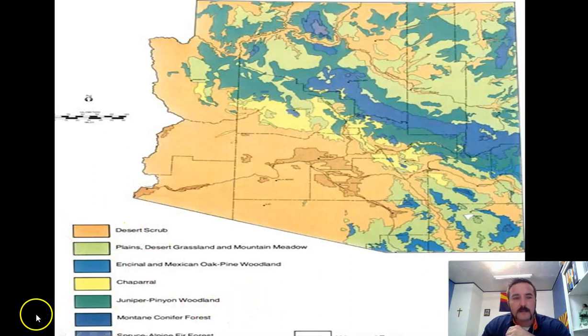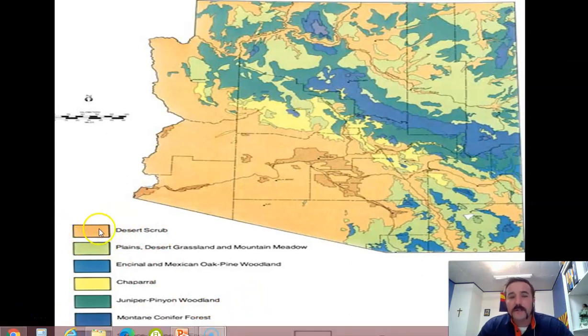The oranges are kind of the desert shrubs and things like that. Not a whole lot of trees. If you look right here at the darker blue, those are the conifer forests, which means like the evergreens and the pine trees. And that's kind of up by White River and Pine Top and things like that. That's exactly right.